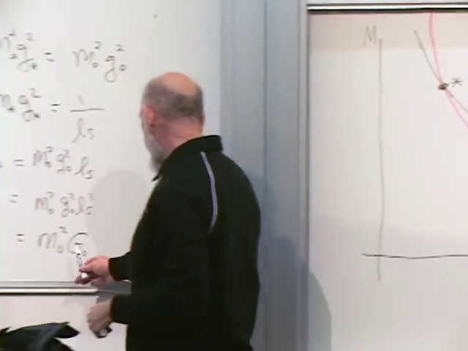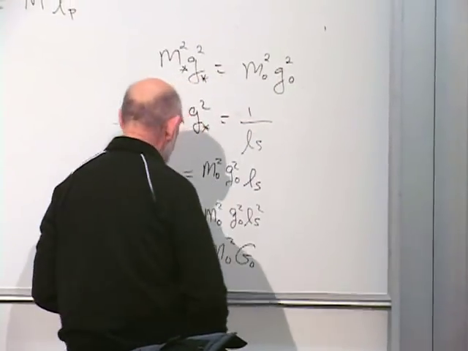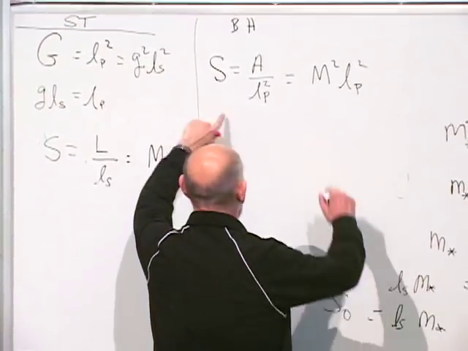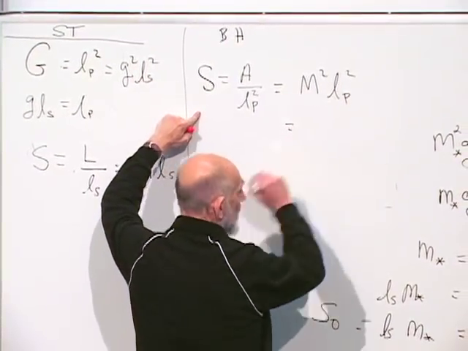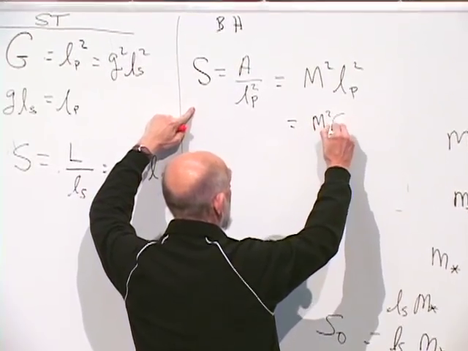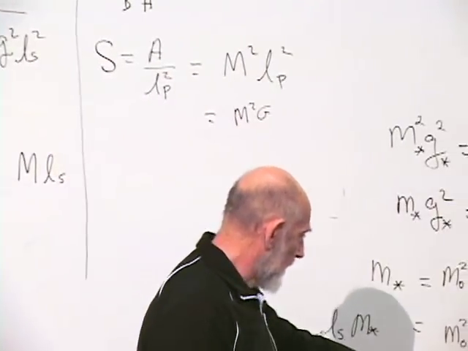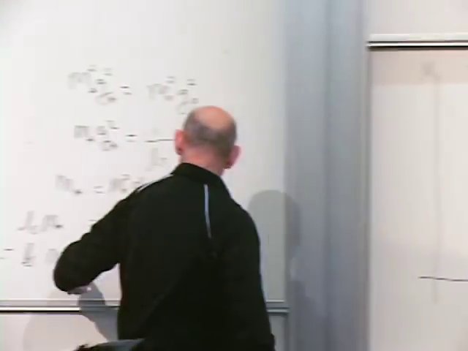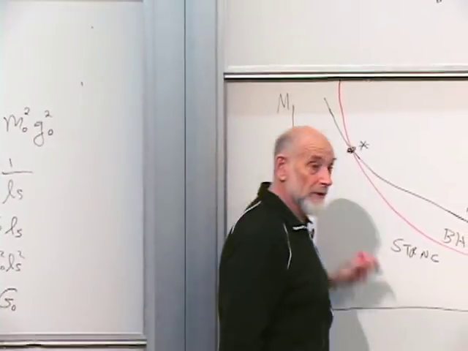And that relates m naught squared g naught, which is the black hole formula over here someplace. Relates the black hole formula at that point to the string formula at that point.